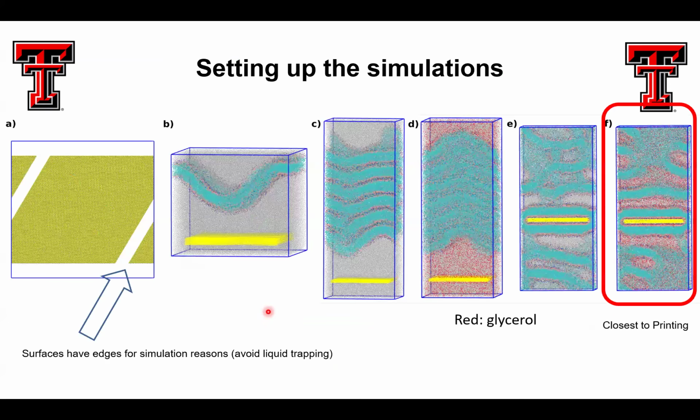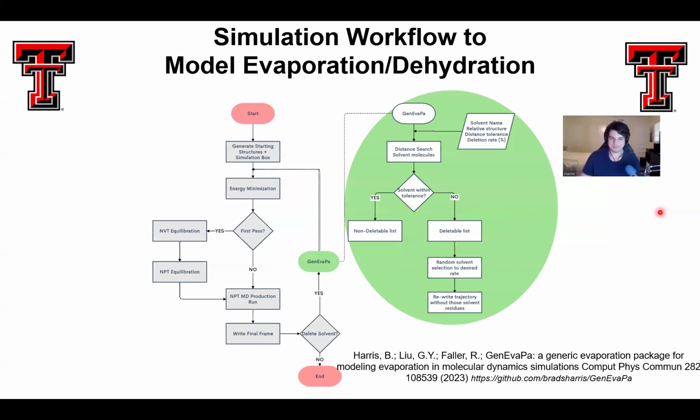And then you have this system where in the beginning you have a lot of solvent around, and this is actually ethanol and glycerol. And then you remove, say, from here to here, from C to E or from D to F. You remove more and more of the solvent, and you see that the structure is changing completely.